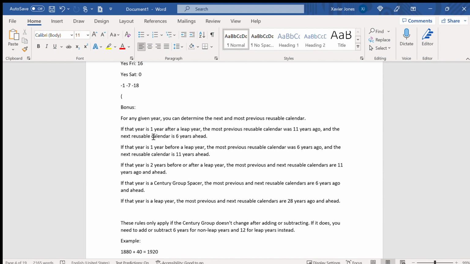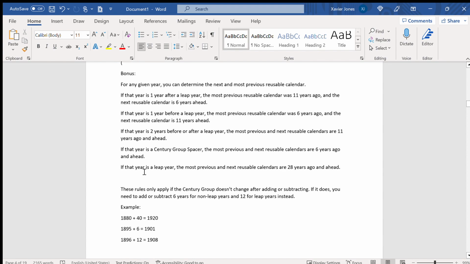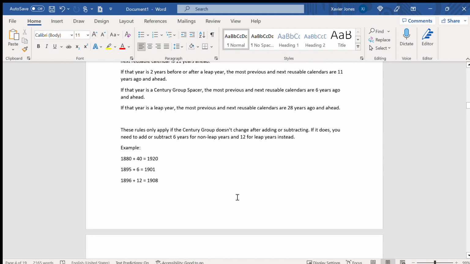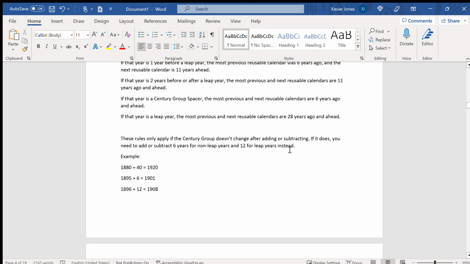If that year is 1 year before a leap year, the most previous reusable calendar is 6, and the next reusable is 11. Okay. These rules only apply if the century group doesn't change after adding or subtracting. If it does, you need to add or subtract 6 years, or 12 years, or 40 years.